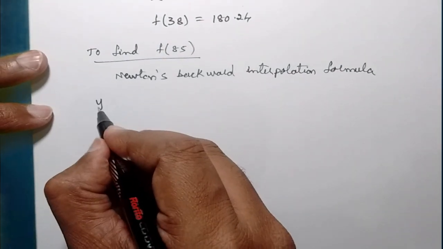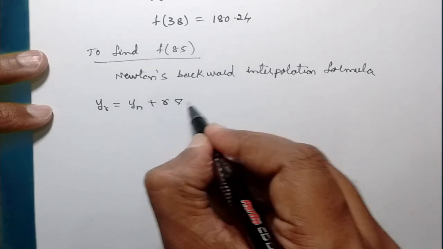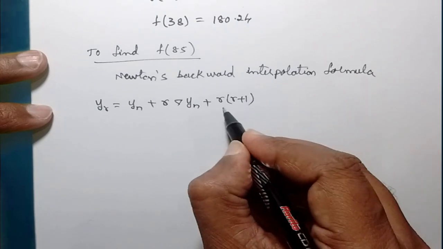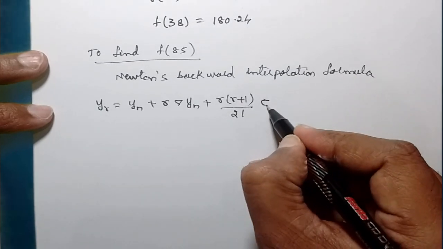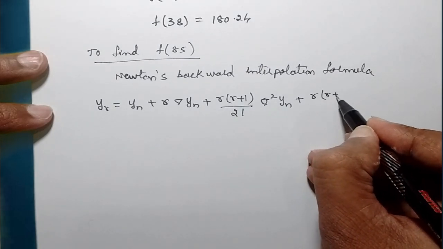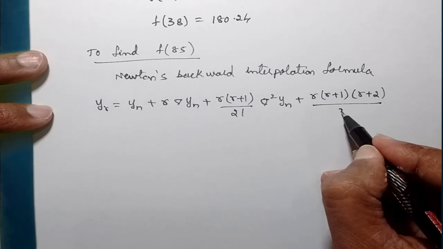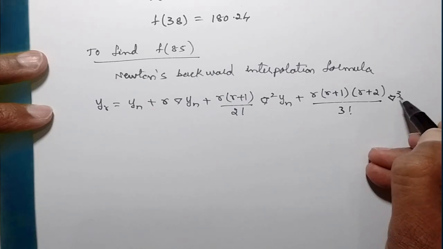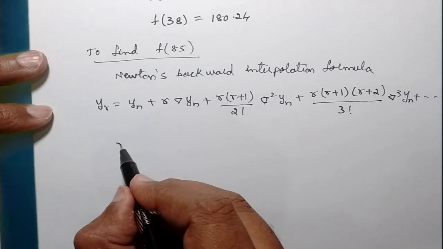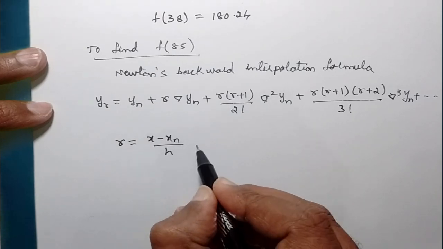So the formula that you have is yr equals yn plus r into nabla yn plus r into r plus 1 divided by 2 factorial into nabla square yn plus r into r plus 1 into r plus 2 divided by 3 factorial into nabla cube yn and so on. And for backward difference, the value of r will be x minus xn by h.